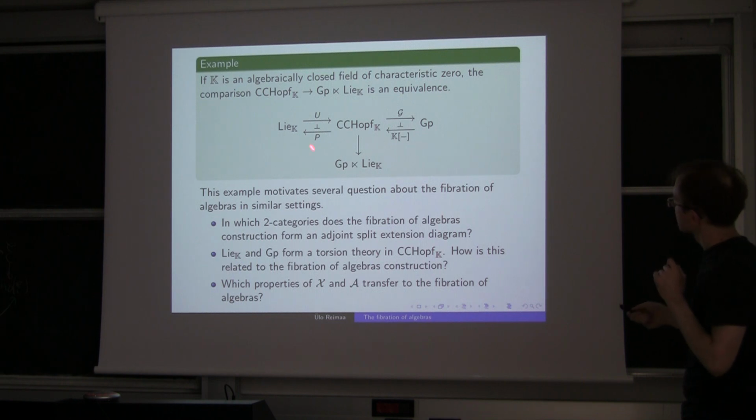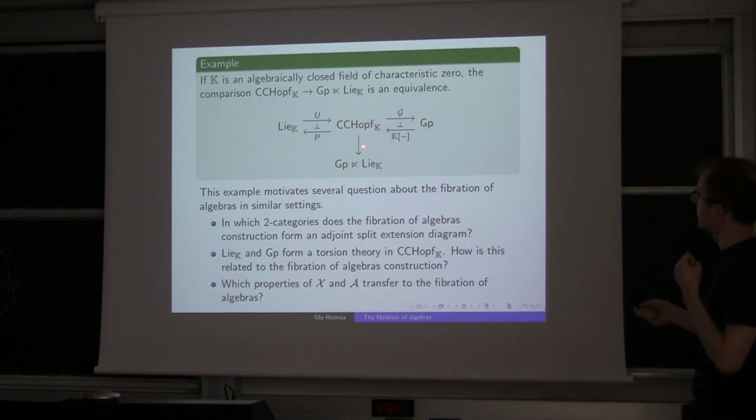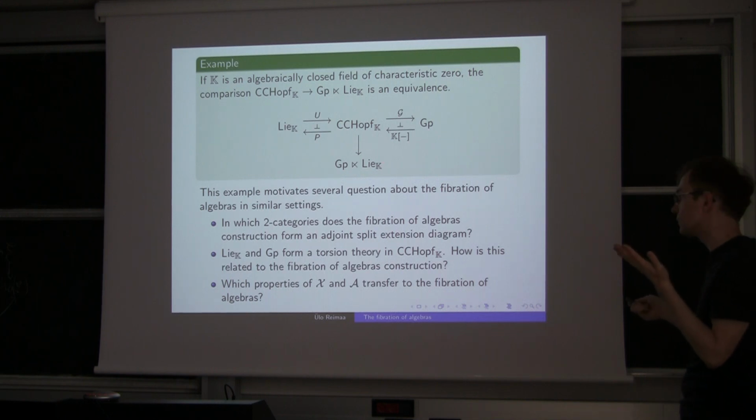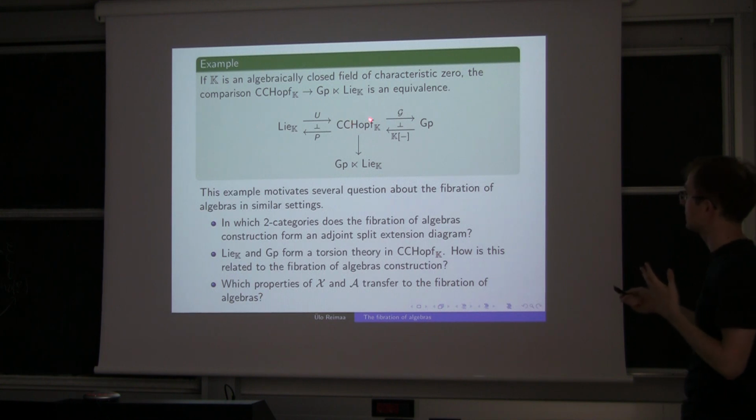this is a very nice diagram for several reasons, and all of these categories are semi-abelian, so that's quite nice. And because, for example, if we take semi-abelian categories and this construction, this fibration of algebras, also the Lie algebras and groups via their images into Hopf algebras form a torsion theory in this category.